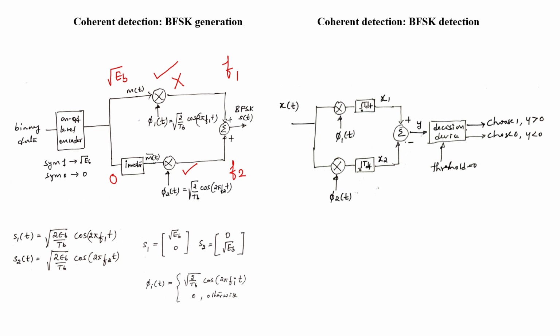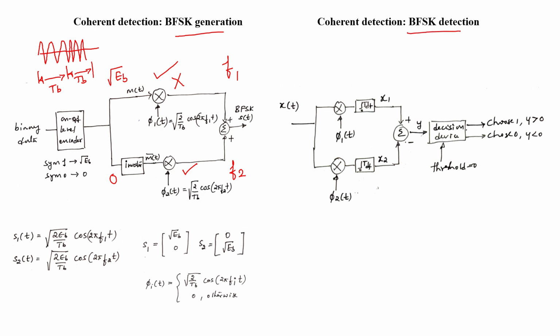That is how the BFSK waveform is generated. For example, binary 1 followed by binary 0. Here you can observe the difference in the frequency transmitted for every TB duration.